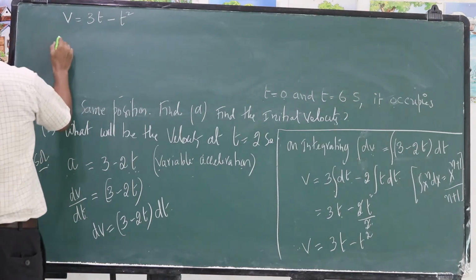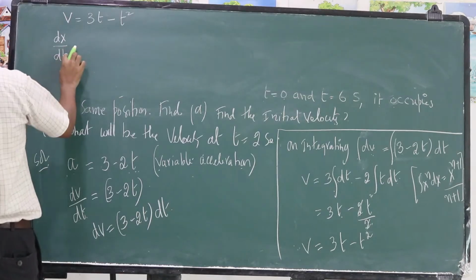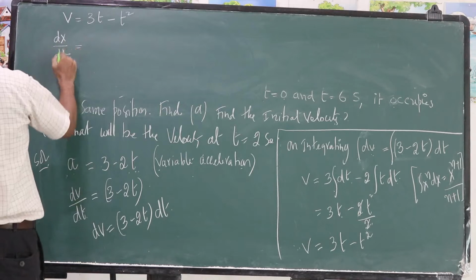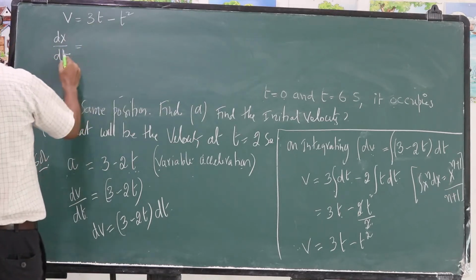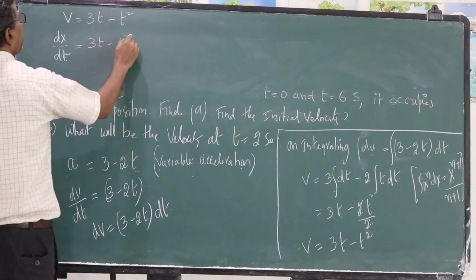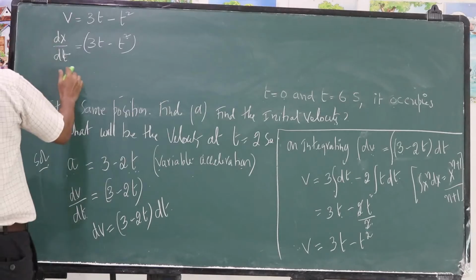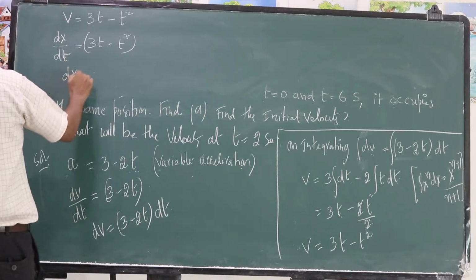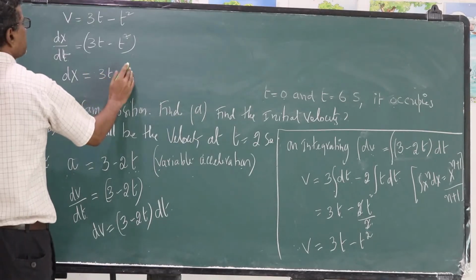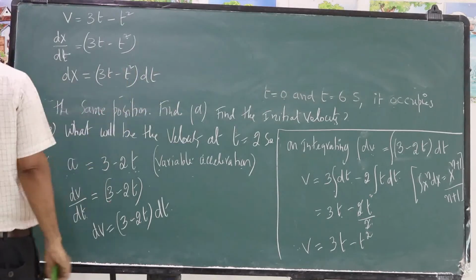Velocity definition is dx by dt, the rate of change of position, or displacement. So dx by dt is 3t minus t square. Again we do integration: dx is equal to (3t minus t square) dt.